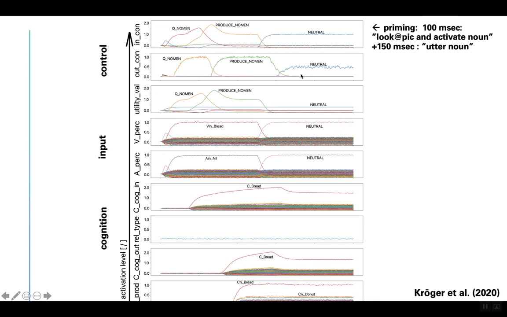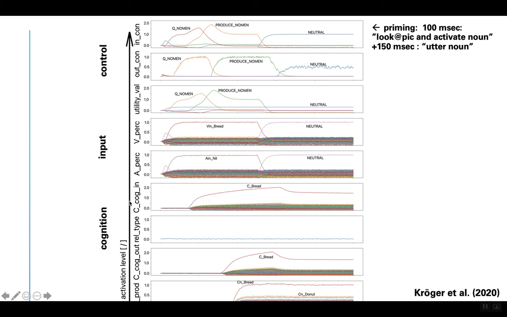That means for 100 milliseconds, the task is just see what is coming in visually in the visual input buffer and try to understand it. And then after a specific time period, if you have understood it, try to produce it. So that's all for the control concept.